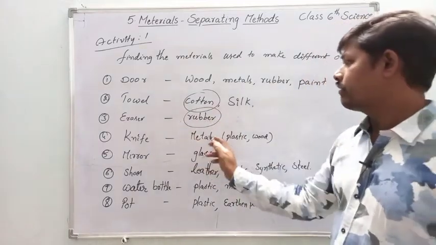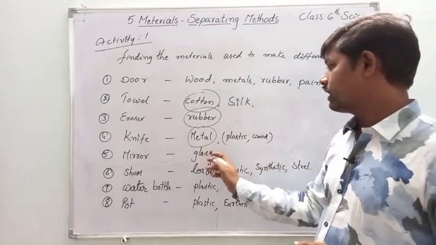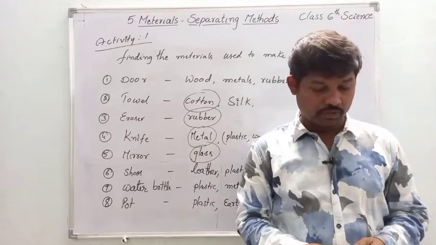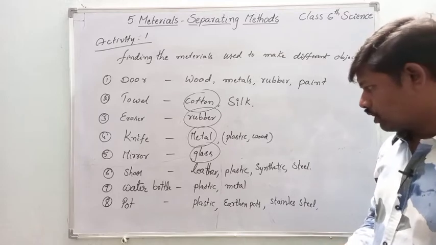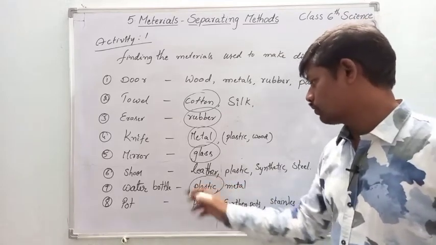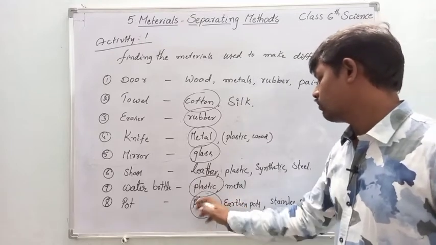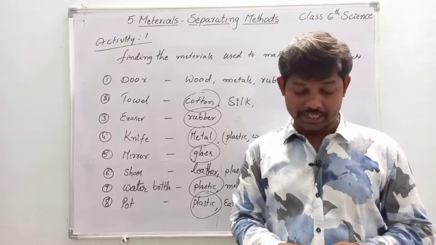Knife also, mirror also. And water bottle also made up of only one material. Pot also made up of only one material. These are all made up of only one material.